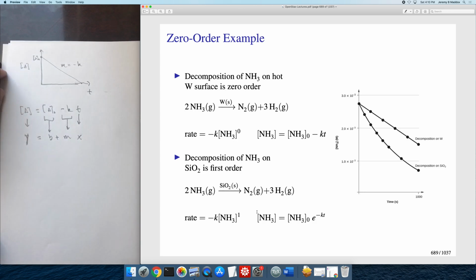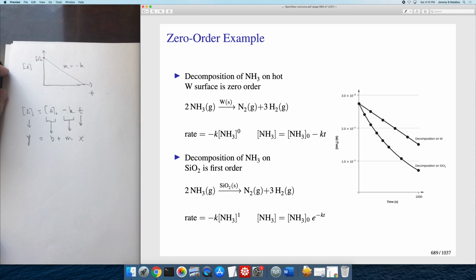Here's an example of that. Decomposition of ammonia on a hot tungsten surface is found to be zeroth order. So here's the rate law, and this is the integrated rate law. If you plot concentration versus time data for decomposition on the tungsten surface, you find that it's linear, which means that it's zeroth order.